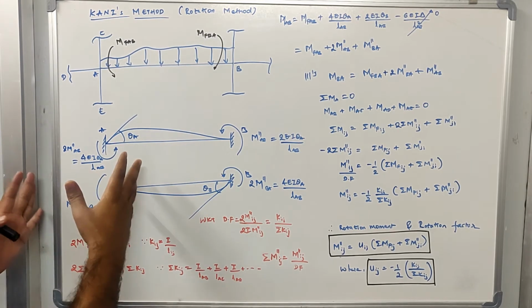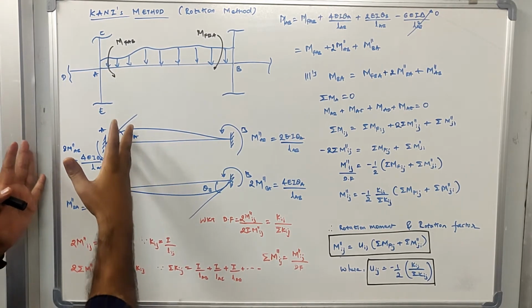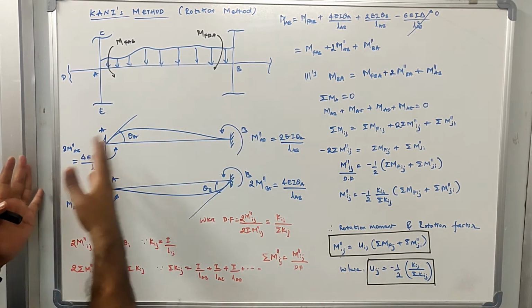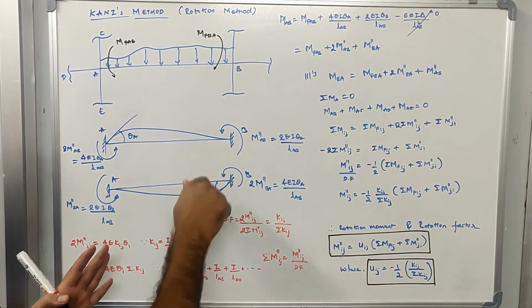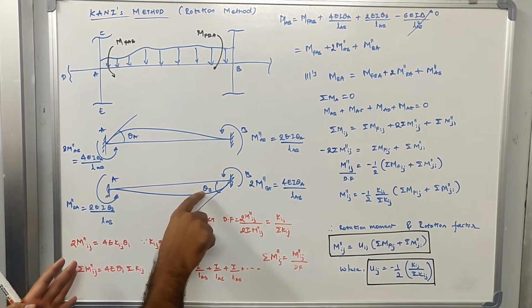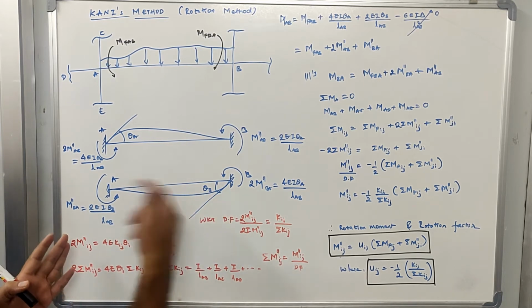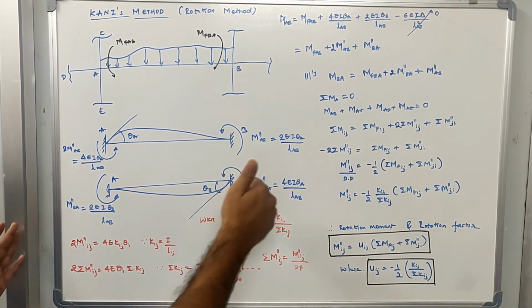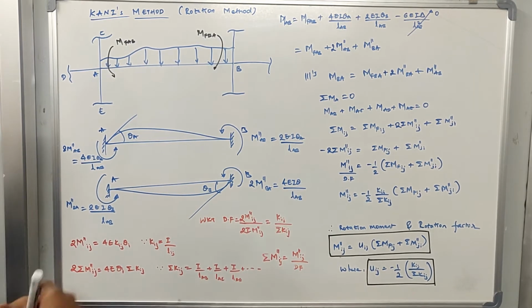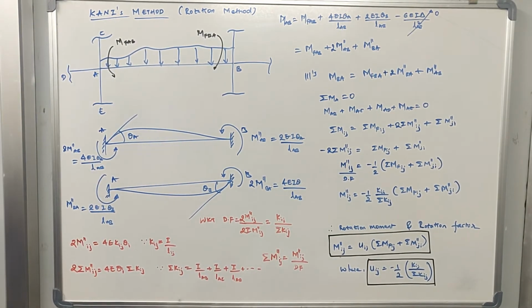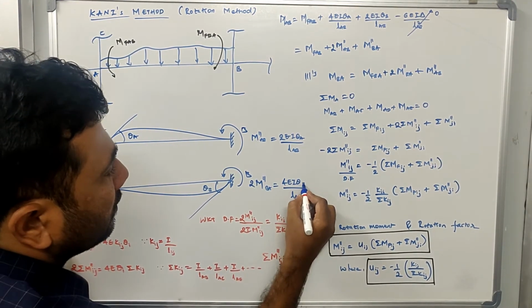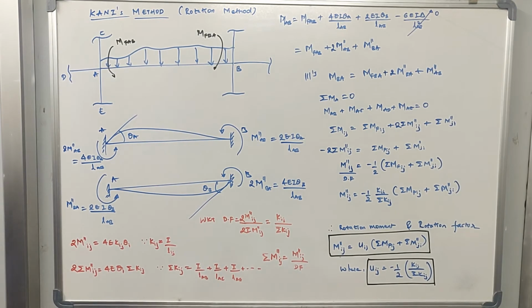Similarly, I considered a rotation at end A and determined these rotation moments, and again at end B I apply some moment. Because of that there will be a rotation theta B, and moments are generated with 4EI theta B divided by LAB.